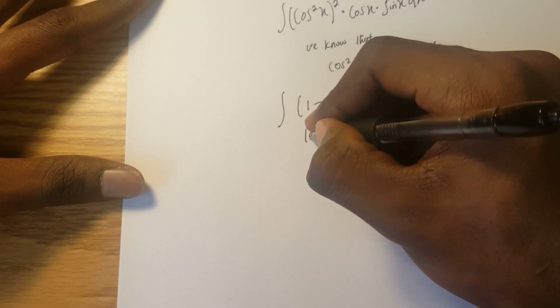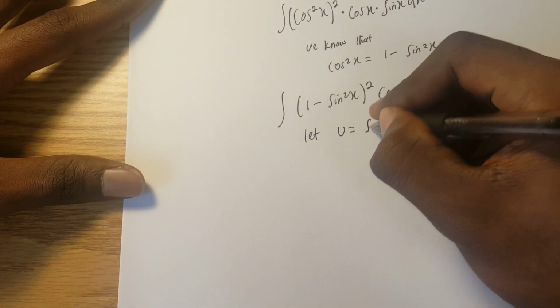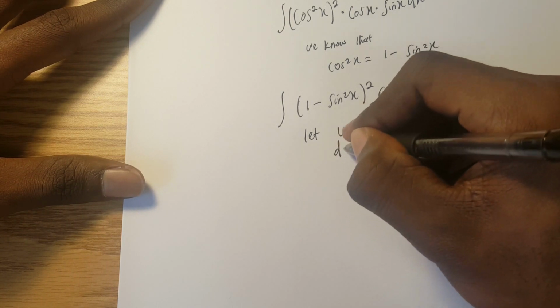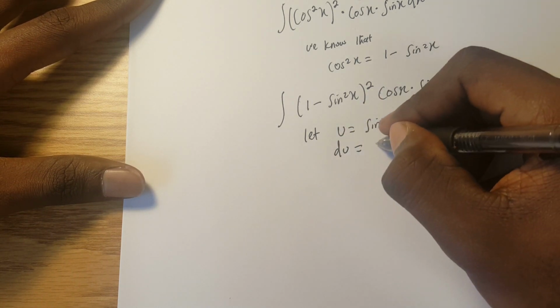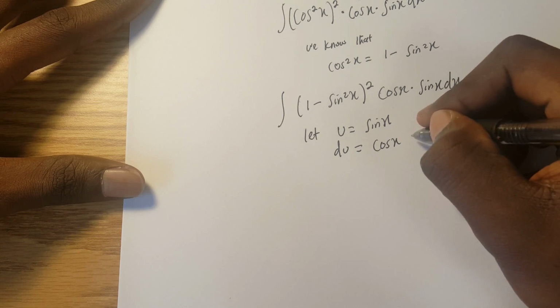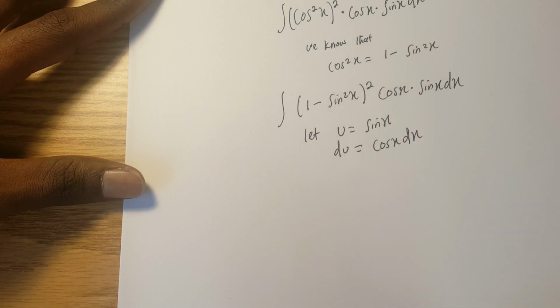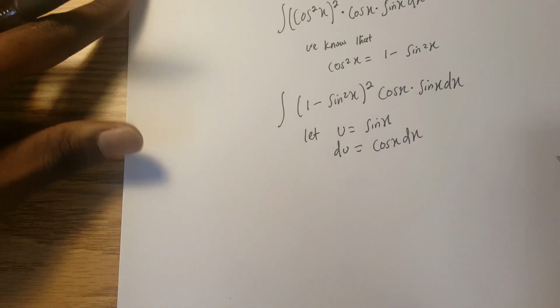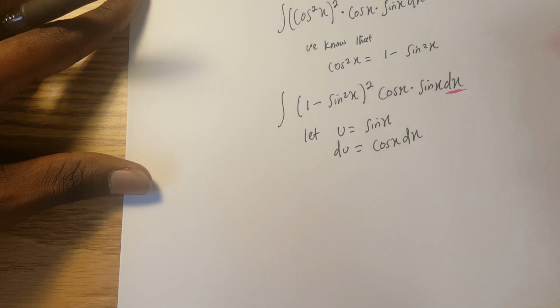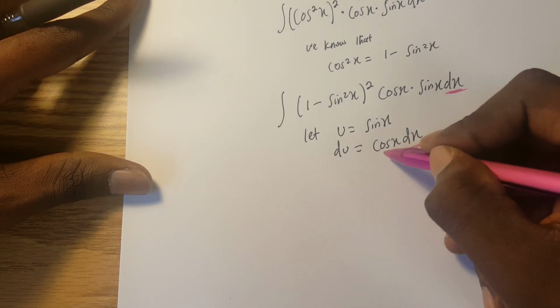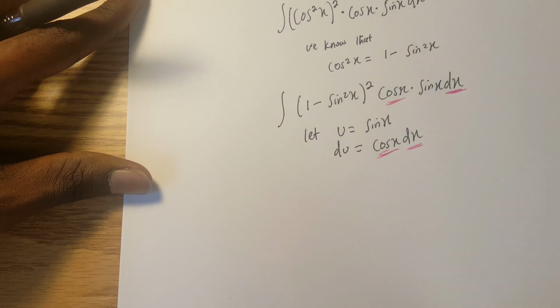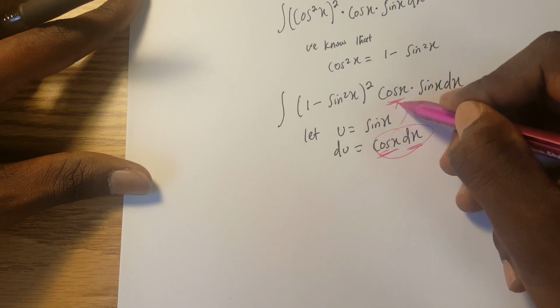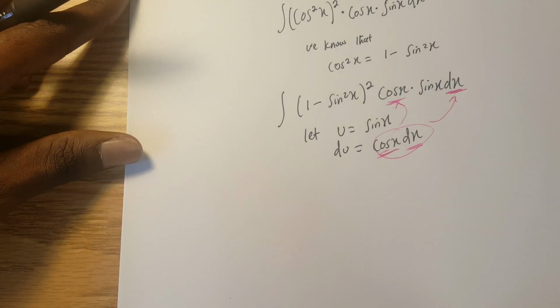So we let u be equal to sine of x, du will be cosine of x dx. We have cosine of x here and cosine of x there, so we can go ahead and substitute for that.